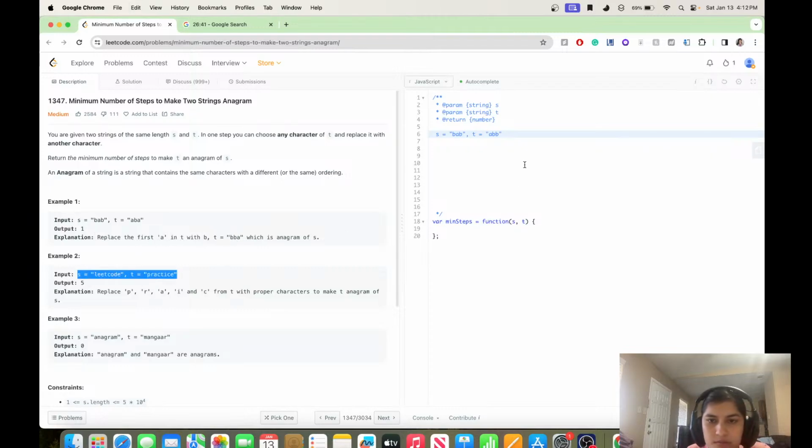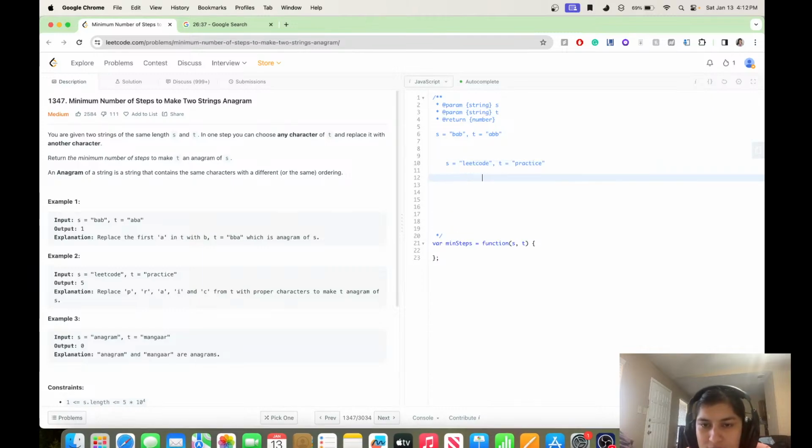And here we can see that L is 1 and E is 2 times, T 1 time, C 1 time, O 1 time, D 1 time, E 1 time, right?